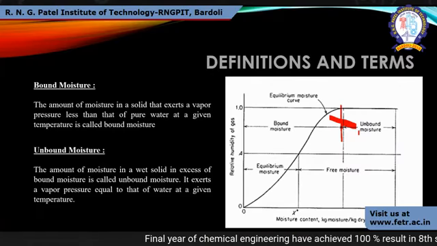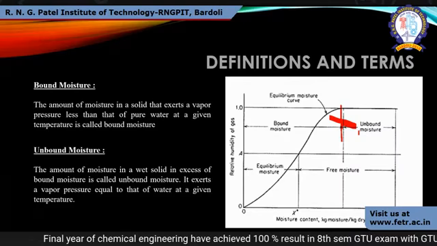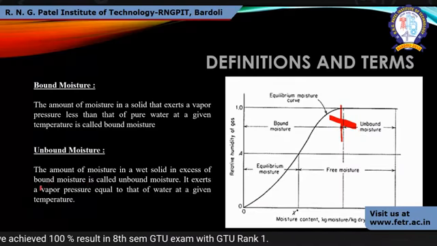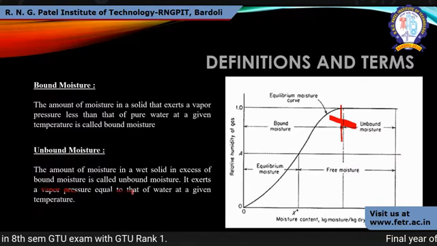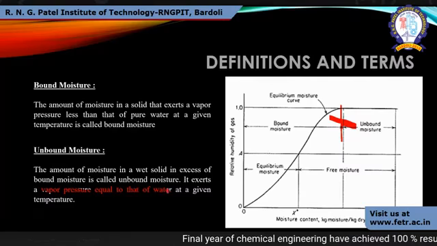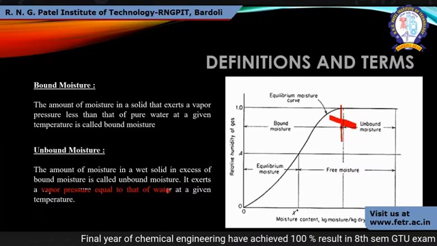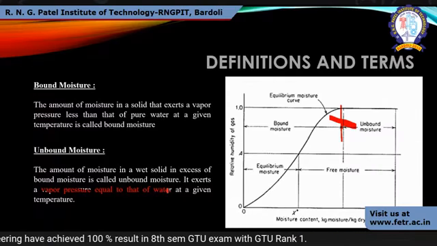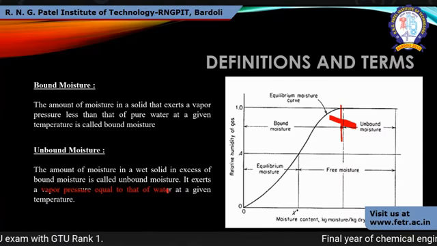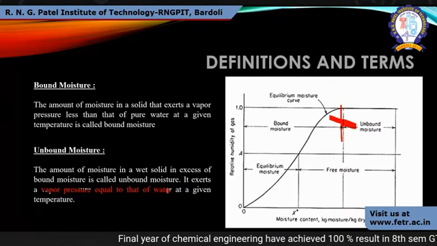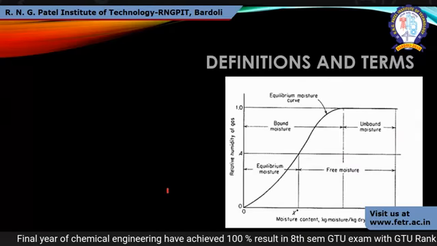It exerts a vapor pressure equal to that of water at given condition. Very important. So if water is available above the solid, it has similar vapor pressure to that of pure water at given temperature. So that is bound and unbound.